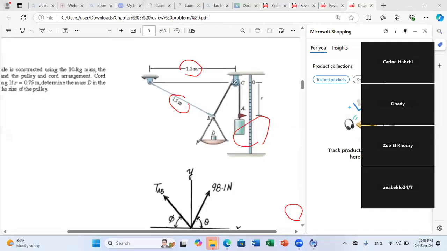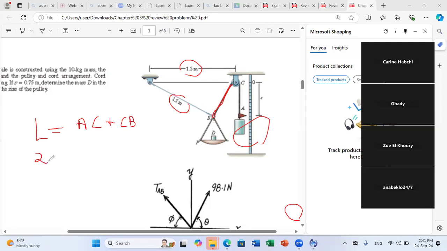And for BC, we know the following. BC is a part of the chord ACB, and you know that the total length of a chord is constant. So you can say that the total length of the chord is equal to AC plus CB. Now, they told you that the total length of the chord, L, is 2.